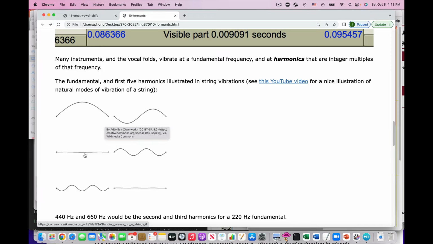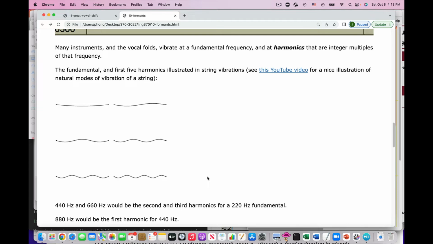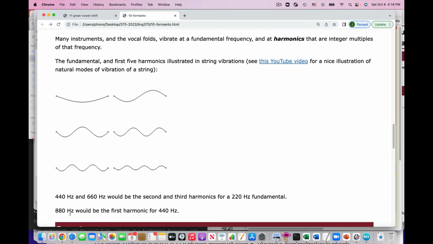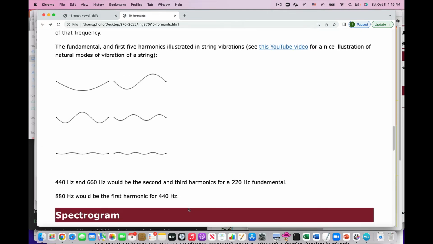Here it's vibrating at 2, at 3, at 4, at 5. So 440 and 660 are the second and third harmonics for a 220 hertz fundamental. That's what we saw in the first display of combining the waveforms. And 880 would be the second harmonic for a 440 fundamental frequency.